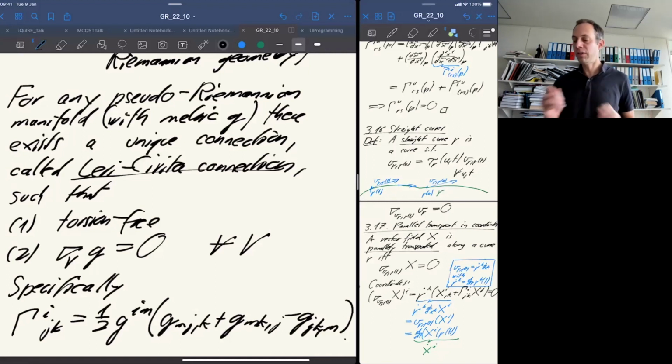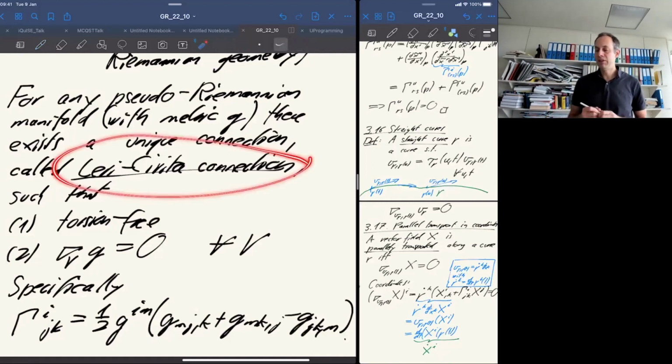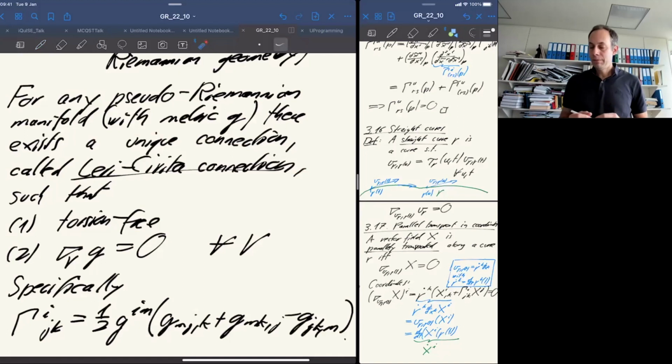There is a very natural parallel transport, namely the one induced by the Levi-Civita connection, which follows from the metric. So it's essentially the parallel transport that leaves the metric invariant as you transport it. I will next week discuss a lot about the physics behind that. There's no time for that today because this will really take extended time.